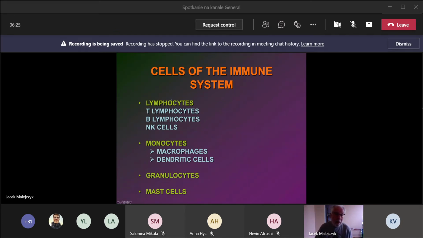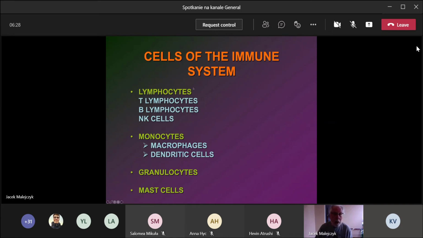This will include lymphocytes. Among the lymphocytes, we can distinguish T lymphocytes, B lymphocytes, as well as NK cells. T lymphocytes and B lymphocytes are responsible for something which has formerly been called acquired immunity.